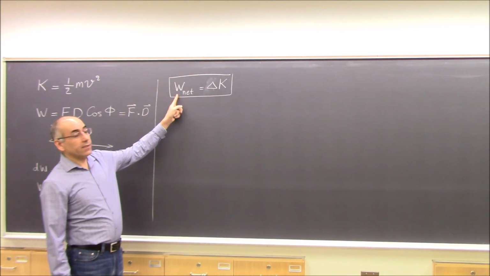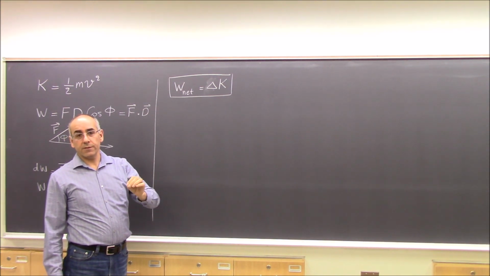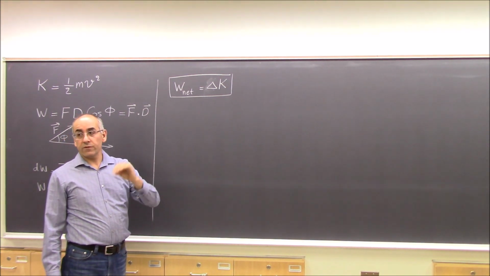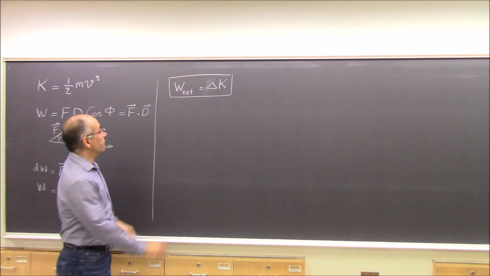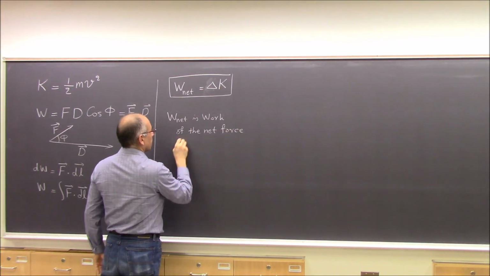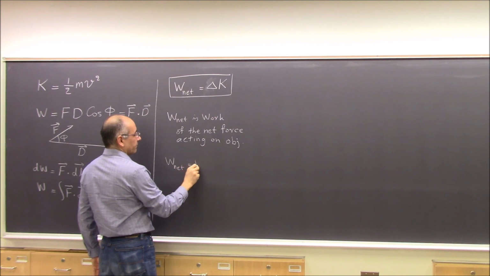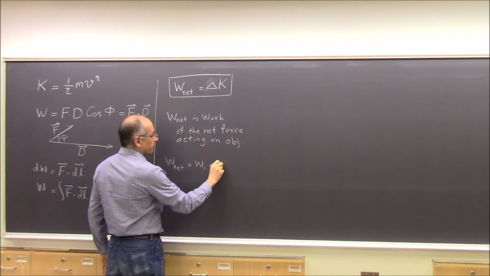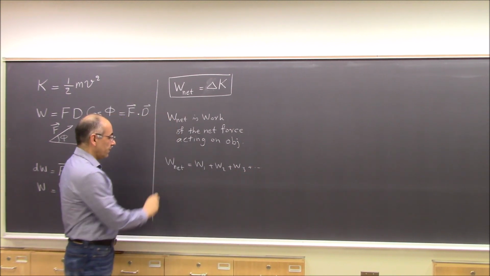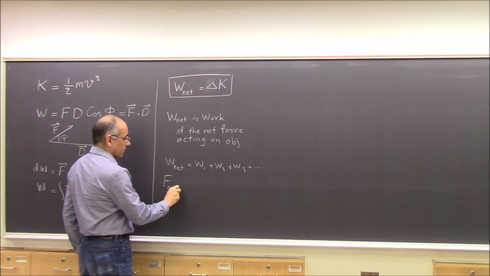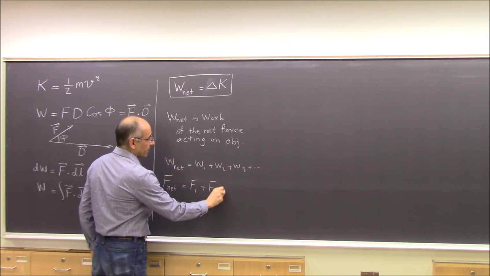This net work is the work of the net force, which can also be interpreted as the sum of the individual works done by individual forces separately. Okay, so W net equals W1 plus W2 plus W3 and so forth, if the net force equals F1 plus F2 plus F3 and so forth.